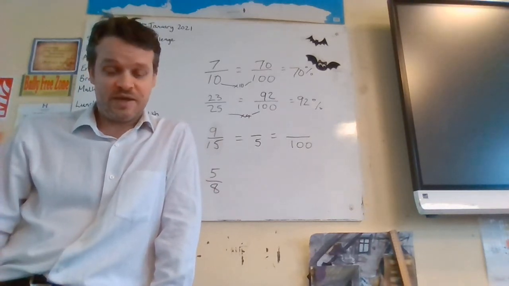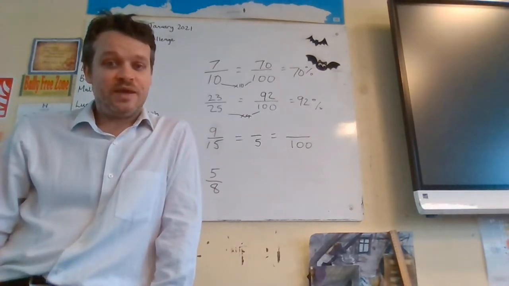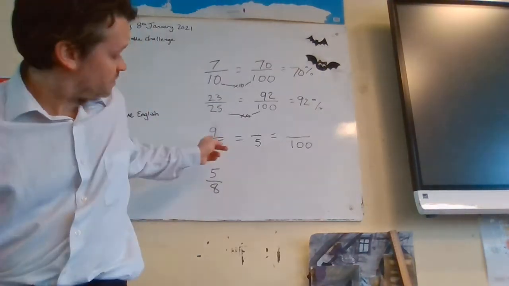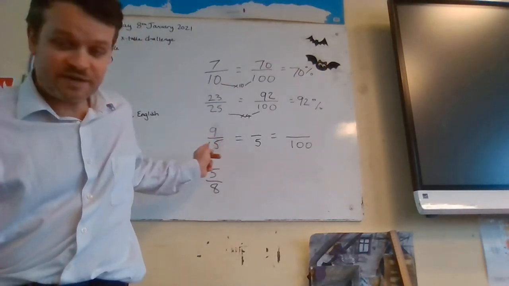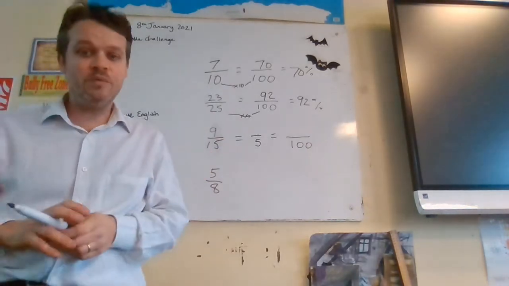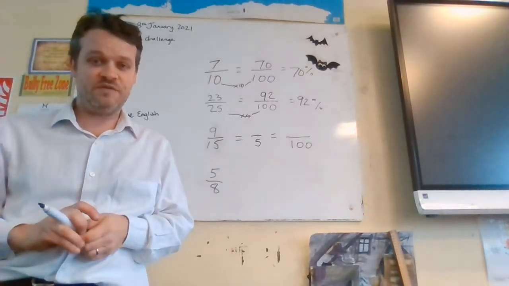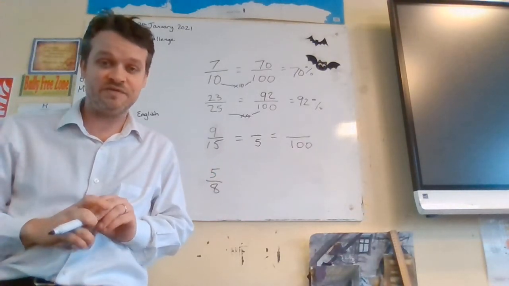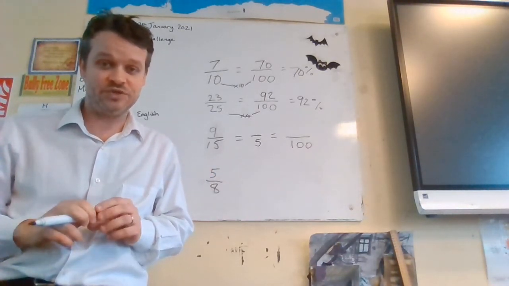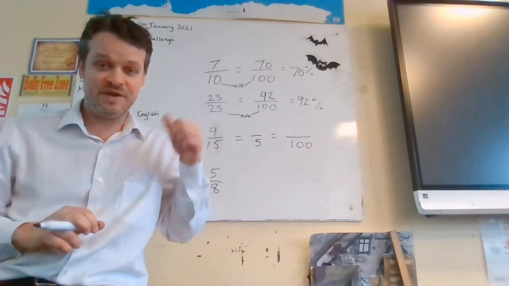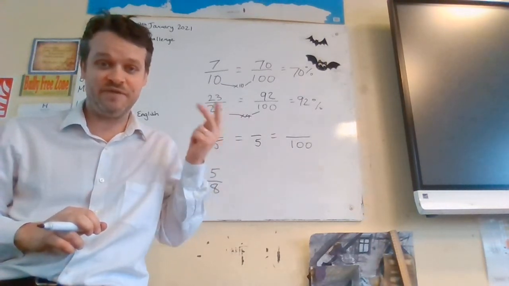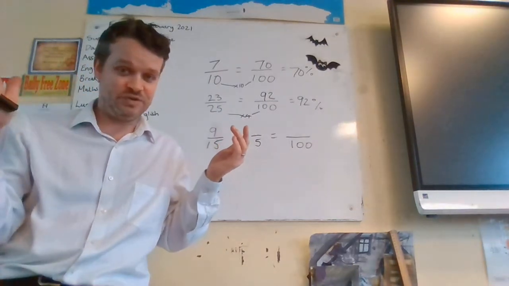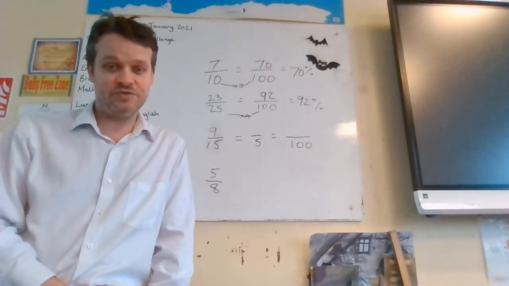It gets trickier when we can't easily convert them into 100. So for example, if we've got 9/15, one way to do this is, first of all, we need to look at it and think, I can't turn 15 into 100. If I'm counting 15s: 15, 30, 45, 60, 75, 90, 105, I've skipped 100.